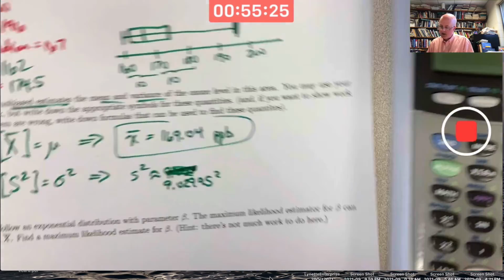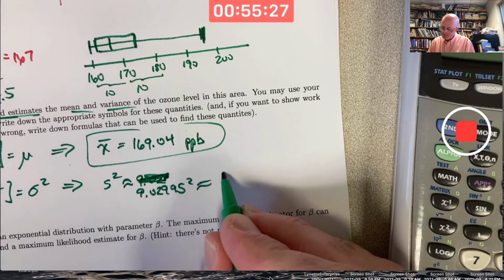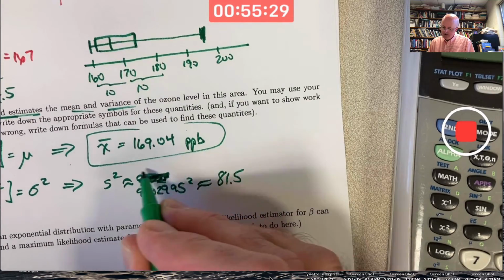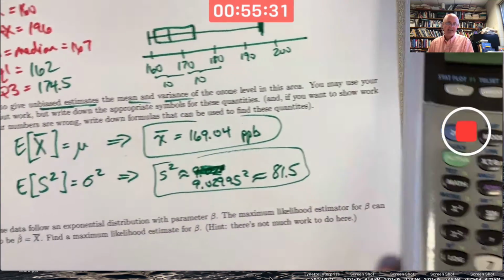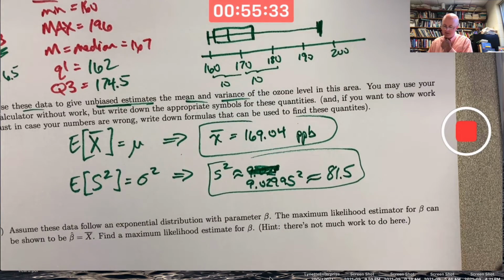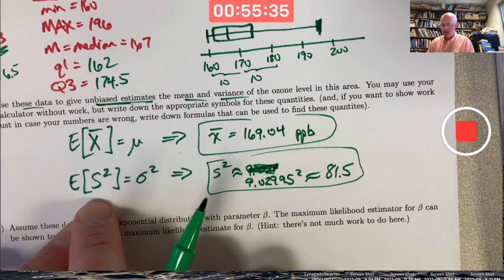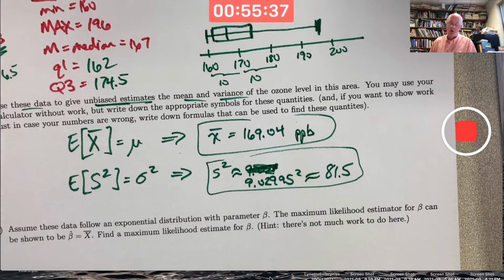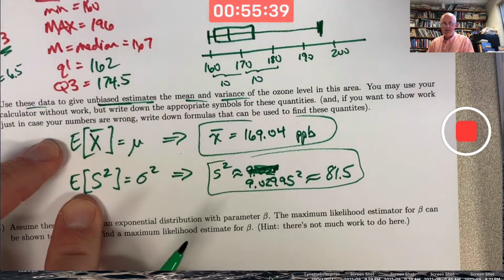About 81.5. That is an unbiased estimate for the population variance based on the fact that capital S squared is an unbiased estimator. These are theoretical. This is practical.